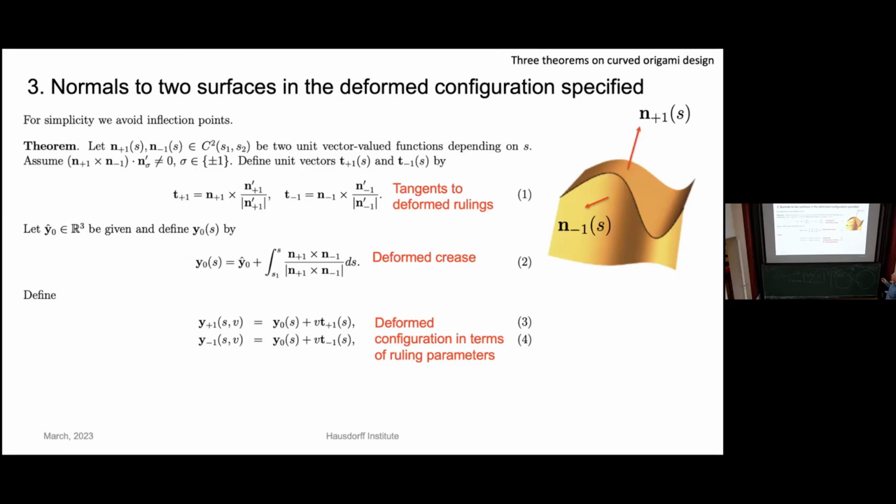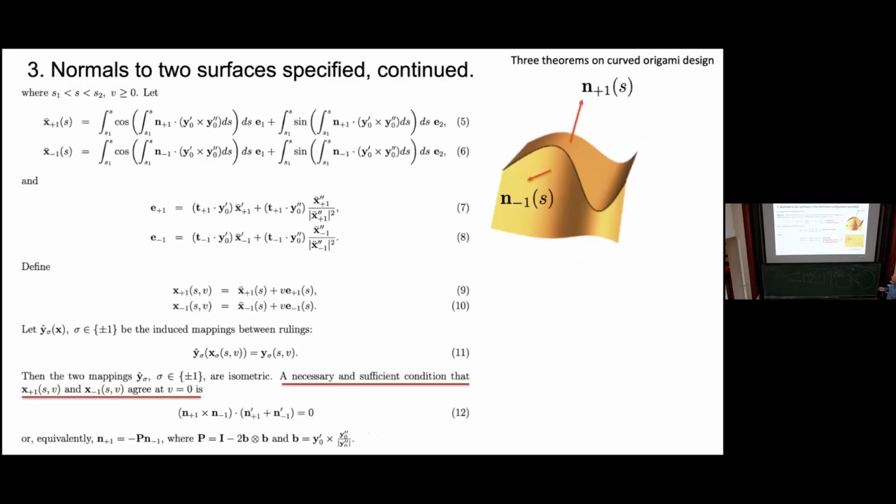There's the formula for the deformed crease, and I'll come back to this. Then there are two formulas, one with +1 and -1, for the reference crease. Again, they're just formulas in terms of the given information.